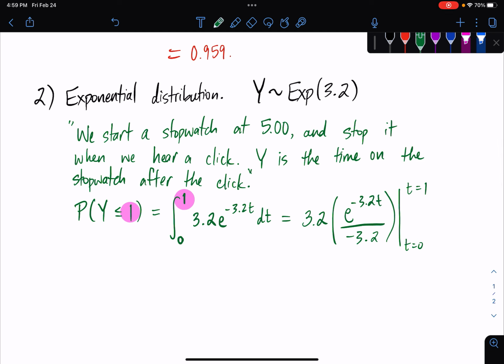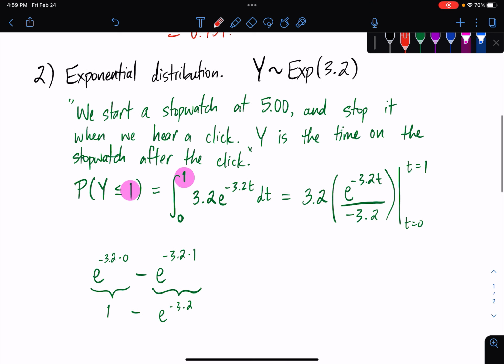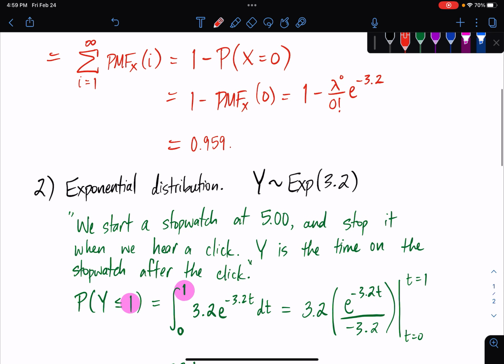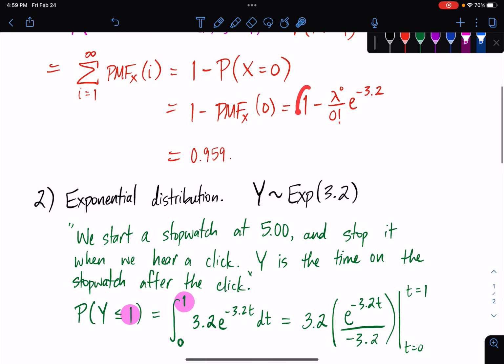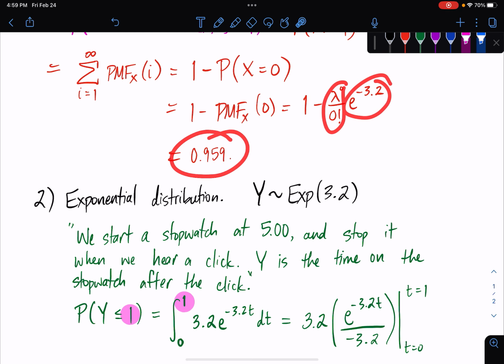We get some cancellation here. So this is going to be e to the negative 3.2 times 0, which of course is just 1, minus e to the negative 3.2 times 1, which is just e to the negative 3.2. And so that's equal to the same thing that we got above: 1 minus e to the negative 3.2, about 0.959.